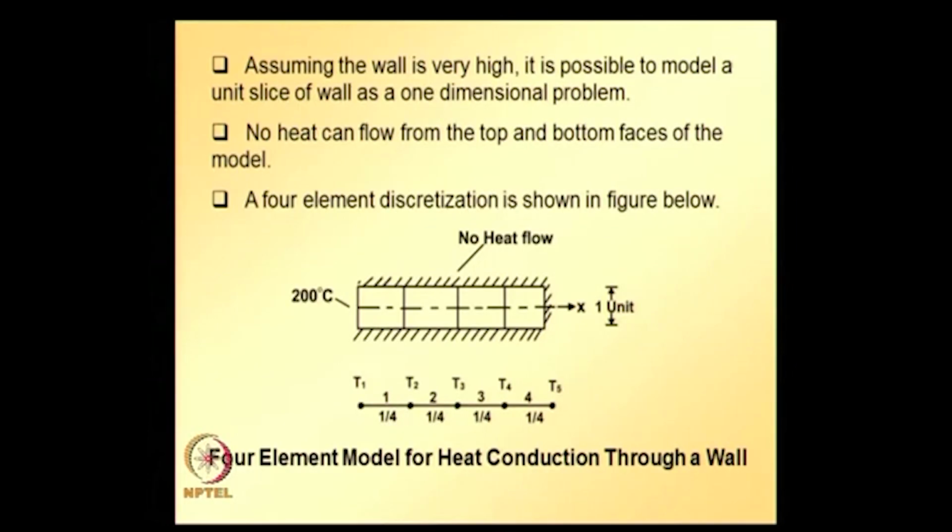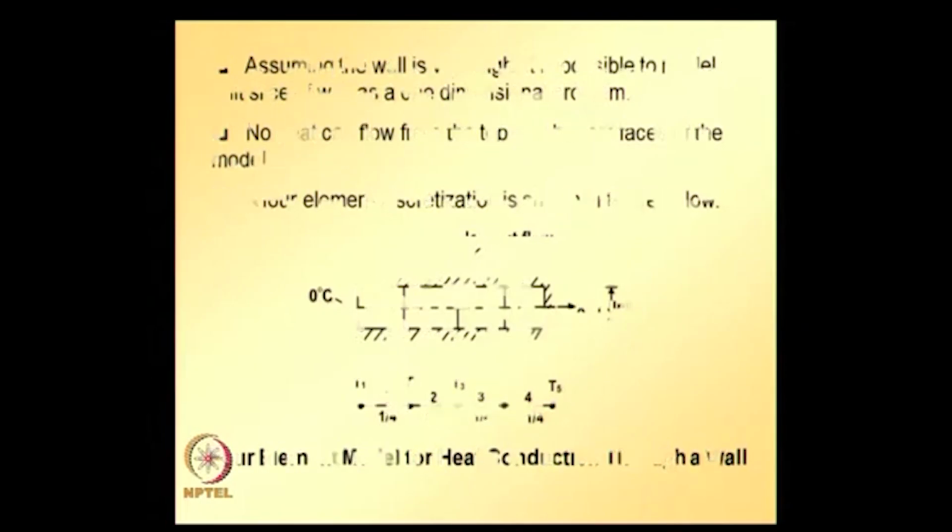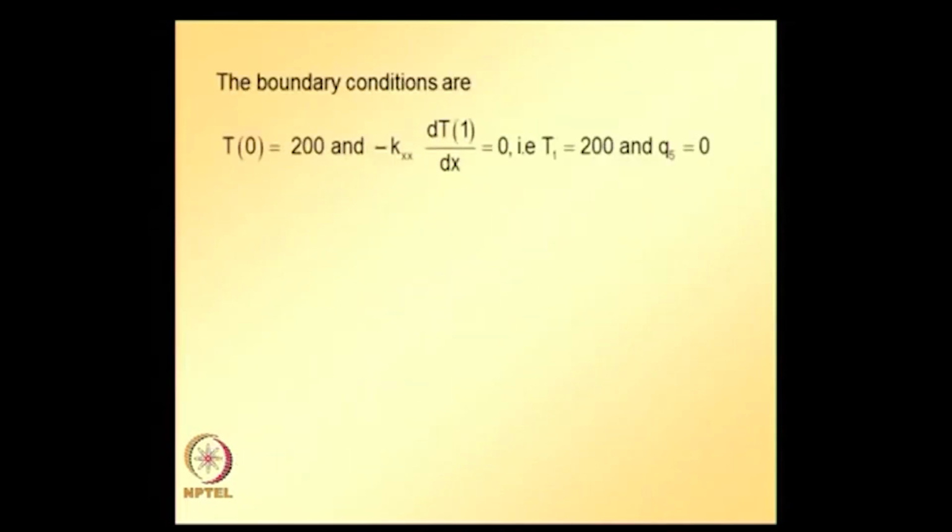Now the boundary conditions are T at x equal to 0 is 200, and because of insulation, heat flow is 0 at x equal to 1. Here x equal to 0 corresponds to node 1, and x equal to 1 meter corresponds to node 5. So, T1 is equal to 200, Q5 is equal to 0.